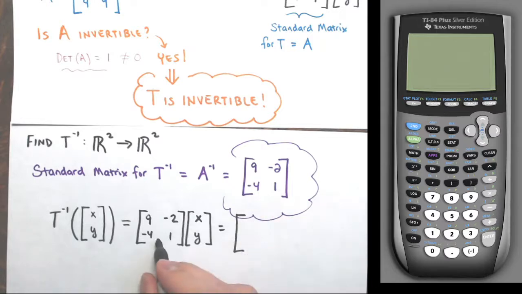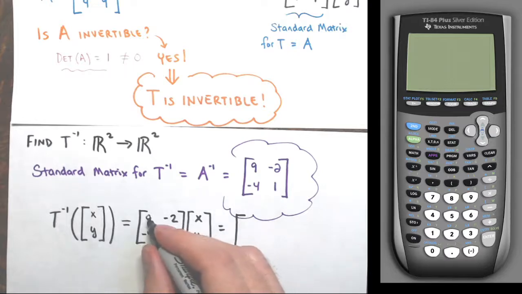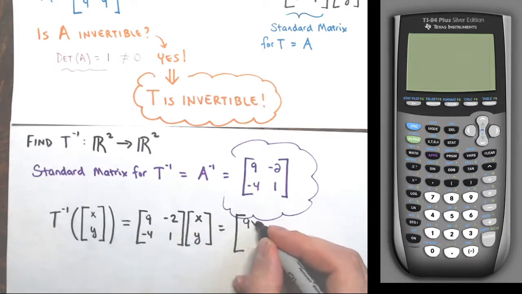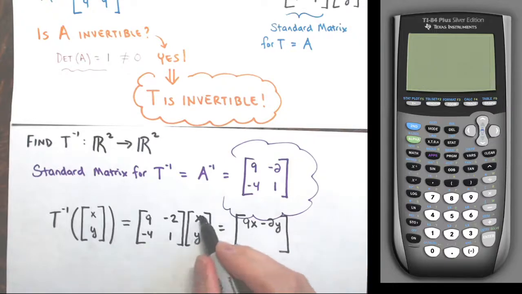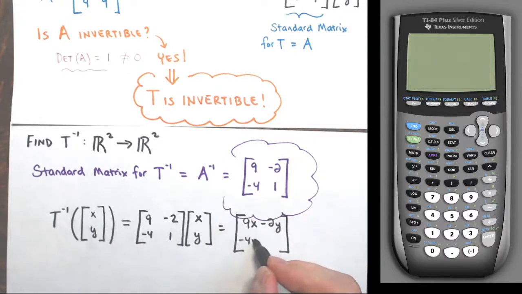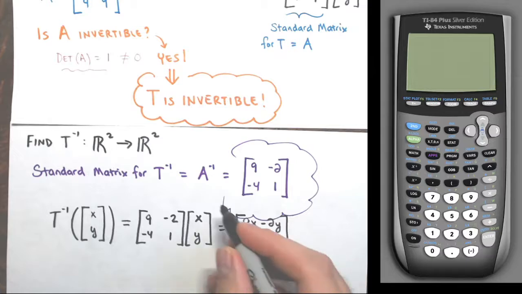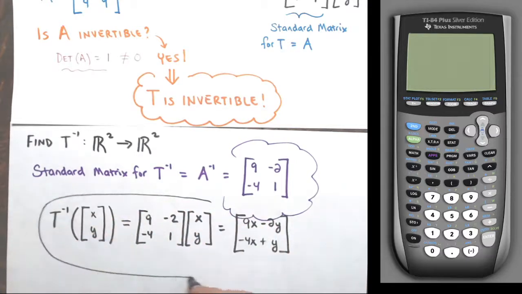A 2 by 2 times a 2 by 1 gives me a 2 by 1. First row, first column will be 9x minus 2y, and second row will be -4x plus y. And there's your rule for T inverse.